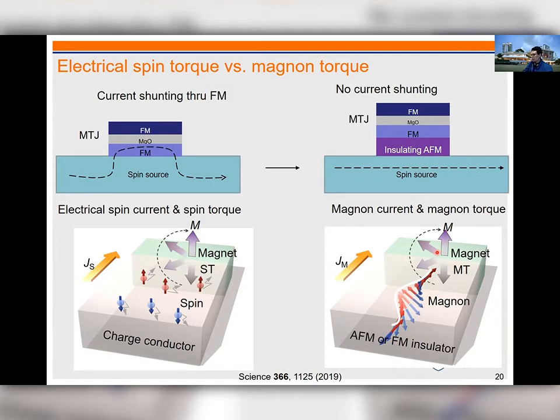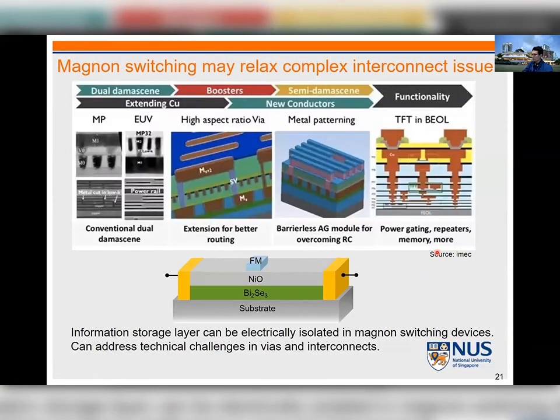So that's the scenario of how we can switch using the magnon torque. The main question is whether the magnon intensity is strong enough to switch 3D ferromagnet at room temperature. If we can achieve that, I think one of the advantages is we can relax modern complex interconnect issues. If you look at the modern memory or any logic device, we have very complex interconnects of tens of layers.